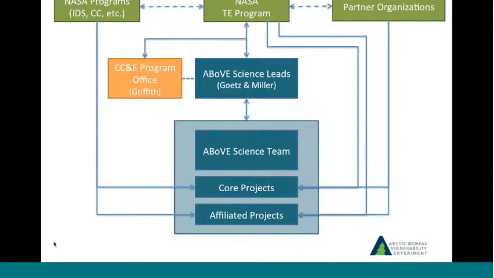So I'm the science lead. Chip Miller is the deputy science lead working with me, and Chip's forte is really the airborne science component. That's what he'll be primarily focused on, although he's involved in all of our weekly tag-ups. And then NASA has their Carbon Cycle and Ecosystem Office at NASA Goddard.